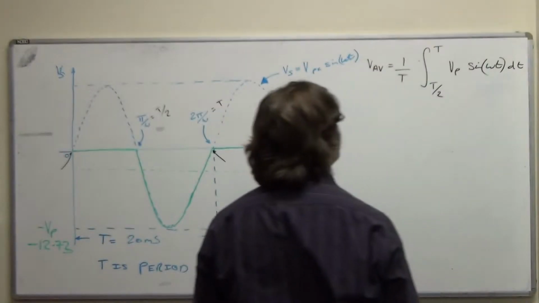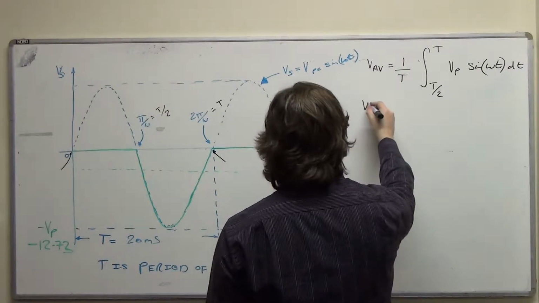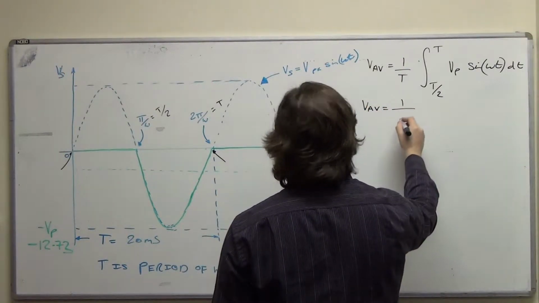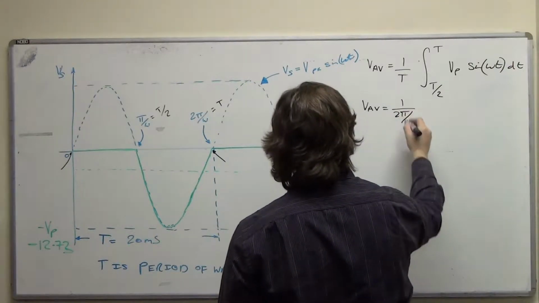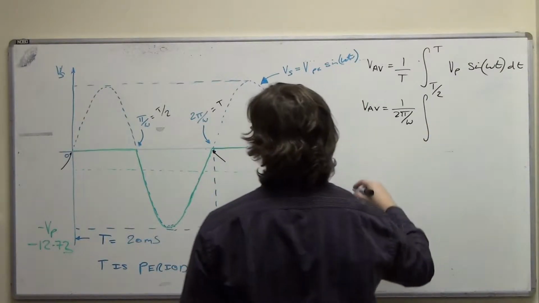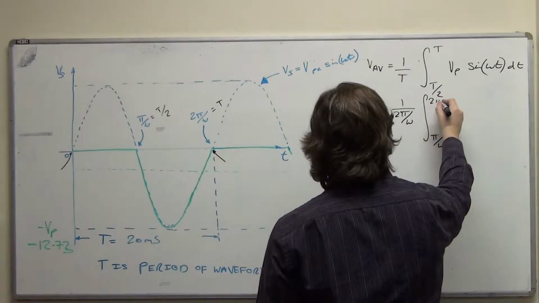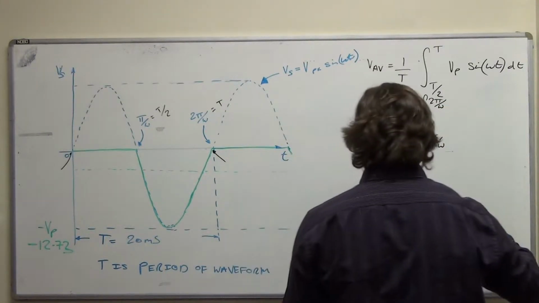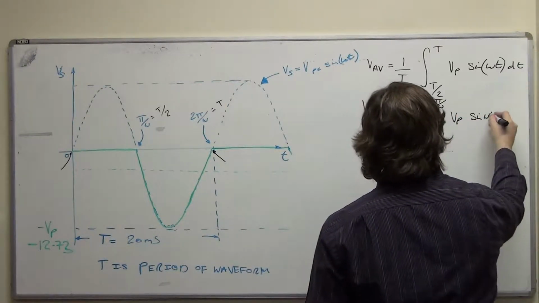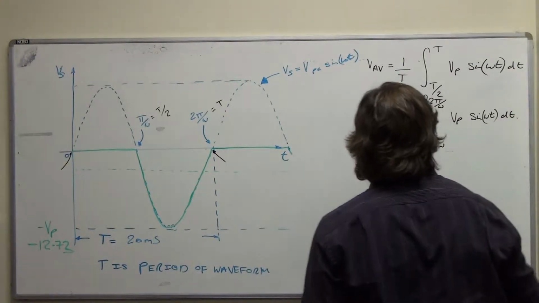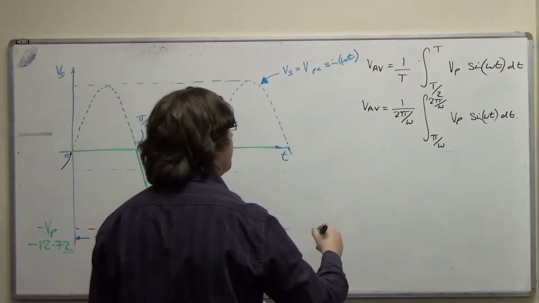Lucky it wasn't any longer, it wouldn't fit otherwise. The next thing we can do is substitute in for T. So Vav is equal to 1 upon 2 pi upon omega, integral between pi upon omega and 2 pi upon omega. We haven't subbed in anything else yet, so this is still Vp sine omega t dt. We'll perform the integration, but we won't insert the start and end points.